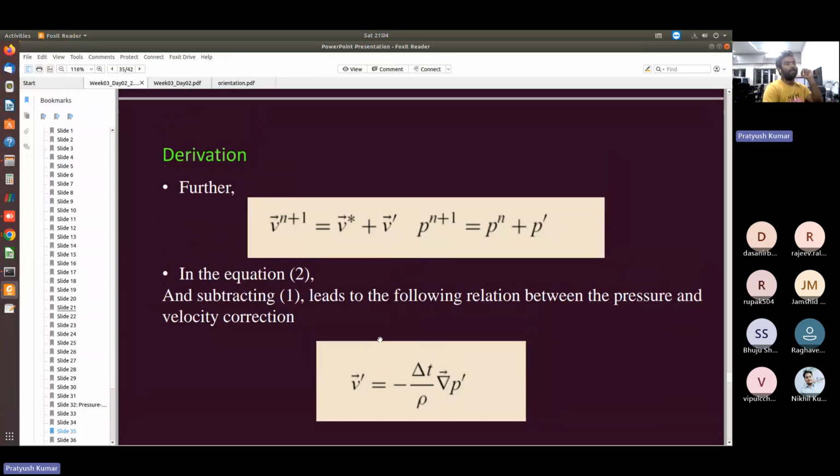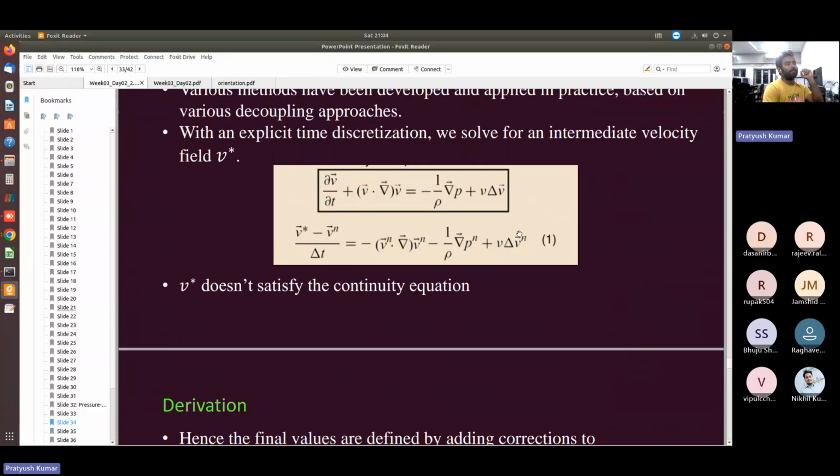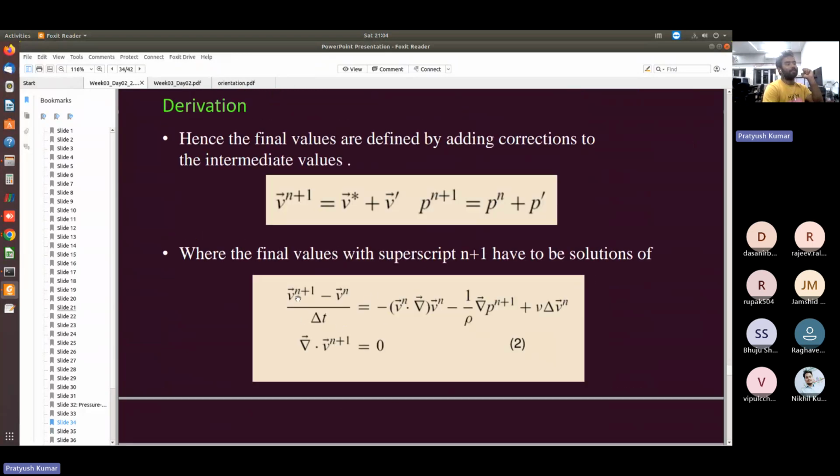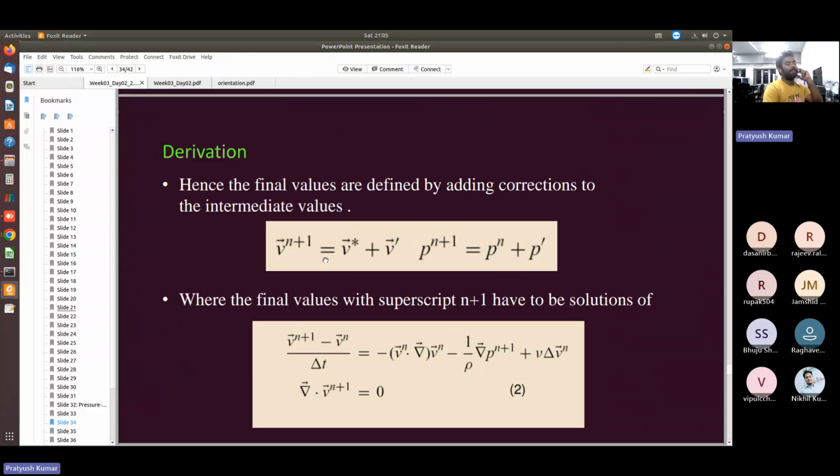Let me repeat what I mean. This is the equation for V star and this is the equation for Vn plus 1, and we have Vn plus 1 equal to V star plus V dash, and Pn plus 1 equal to Pn plus P dash.